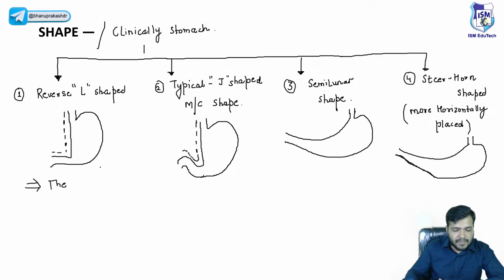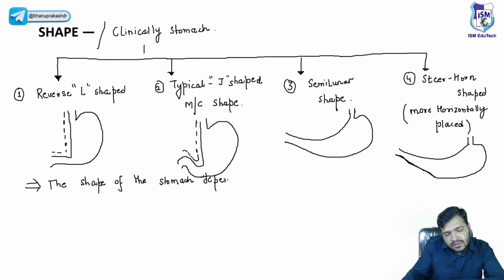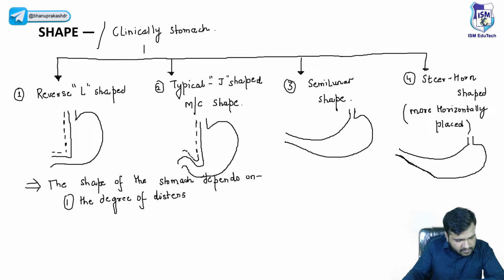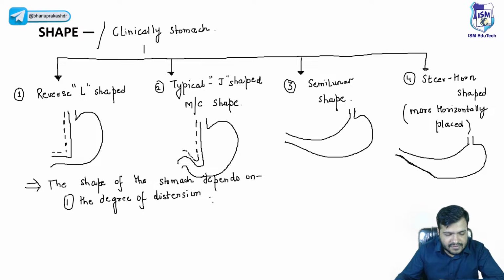Now, beta, remember the shape of the stomach depends on several factors. The very first one that you have to remember is the degree of distension.